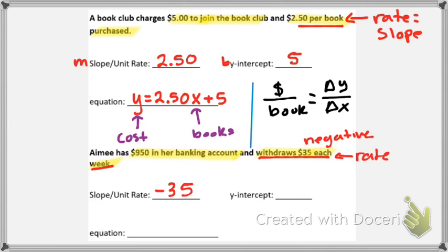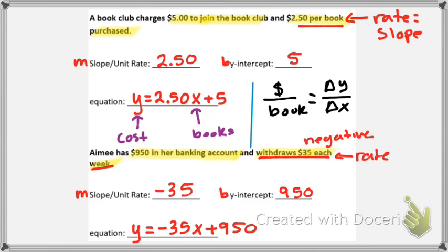And our y-intercept, so she starts with $950 in her bank account. So our y-intercept is going to be 950. We know our slope is our m and our y-intercept is our b. So in an equation, we can write it as y equals negative 35x plus 950.